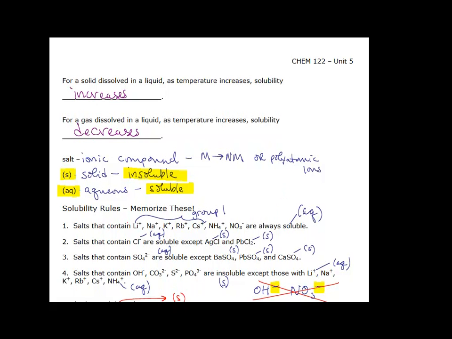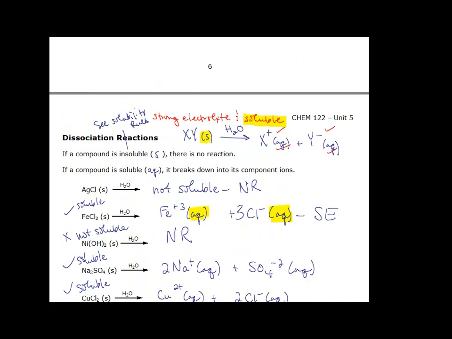So salts that contain group 1, ammonium, nitrate, and acetate. You guys remember acetate, right? They are always soluble. So any salts that have acetate in them will always be soluble, just like nitrate or ammonium or group 1. So if you came across any homework questions that dealt with acetate, hopefully that addresses those.